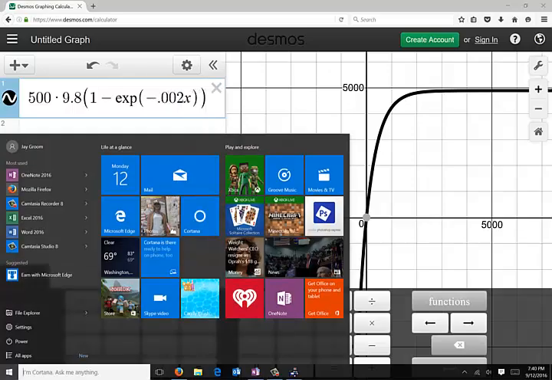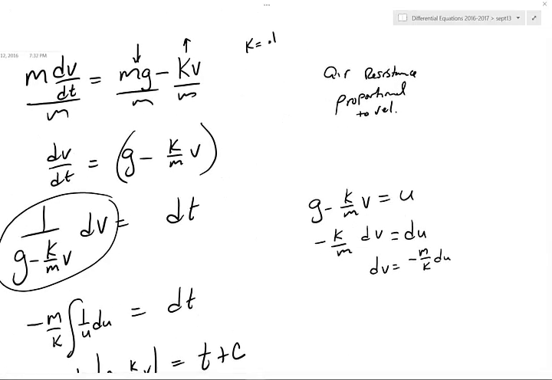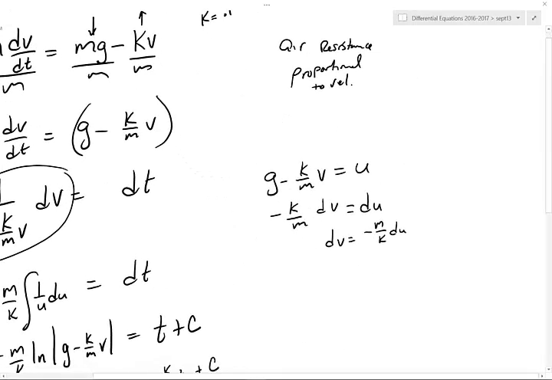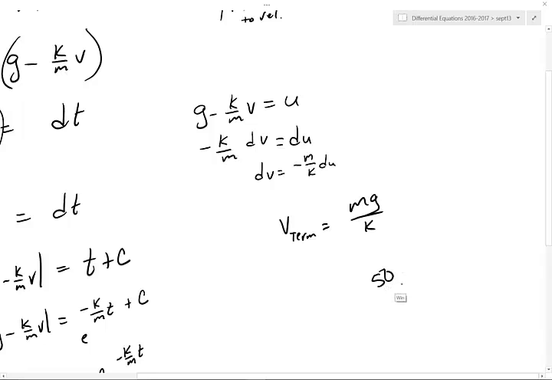So we're going to be doing this in a few days, again, coming up with some numbers that really make a lot of sense. But think about this. We already know what our terminal velocity should be. A terminal velocity, if you recall, was mg over k, right? So that's 50 times 9.8 divided by 0.1, which is 500 g.